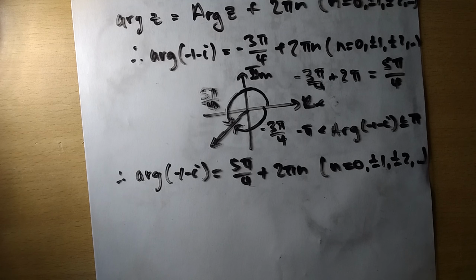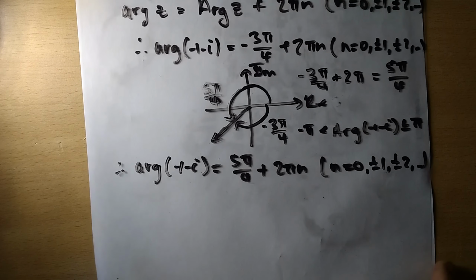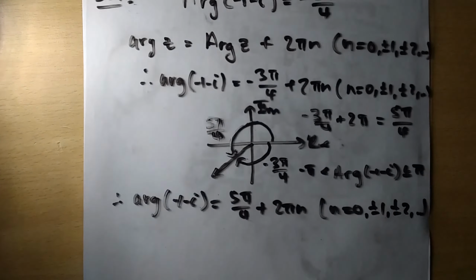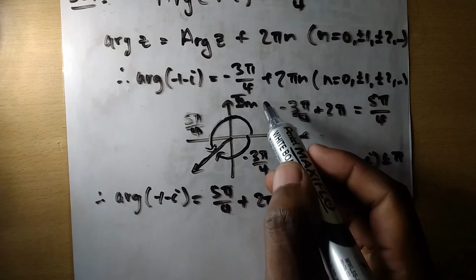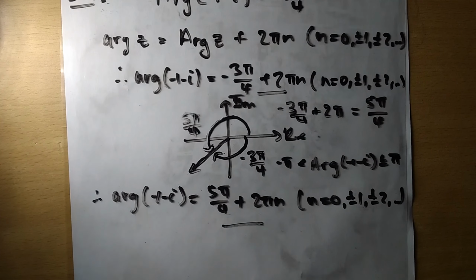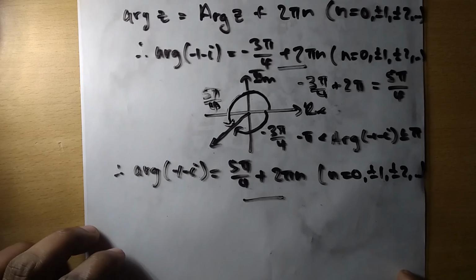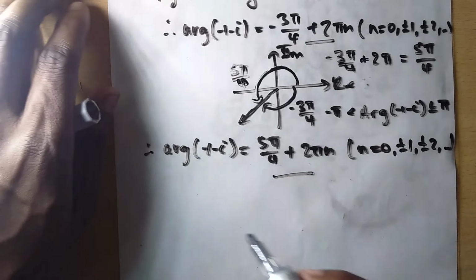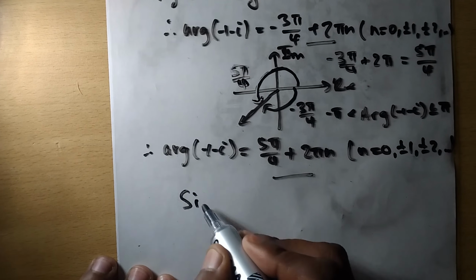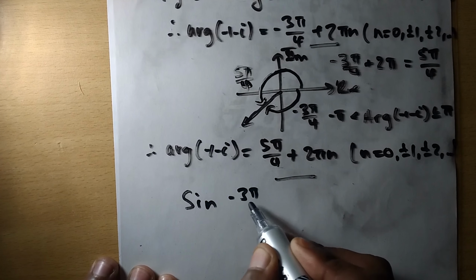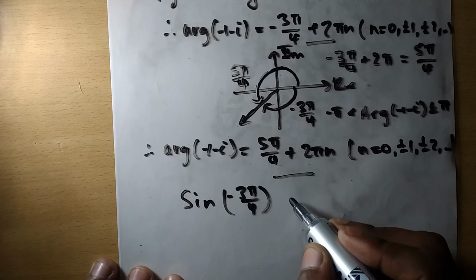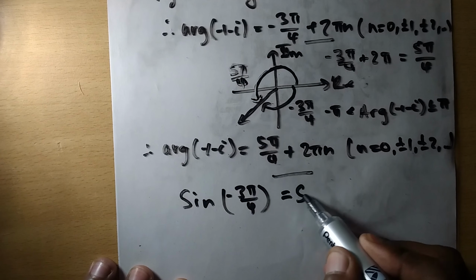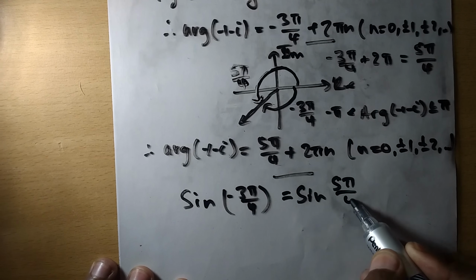It really doesn't matter. Now they say we should find the argument. So if you write the argument like this, and write it like this, it is still the same. Now guys, in the comment section below, please tell me what is the solution for sine of negative 3 pi over 4 and the solution of sine of 5 pi over 4.